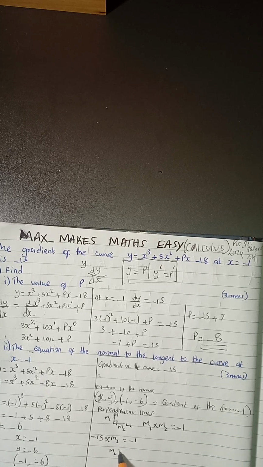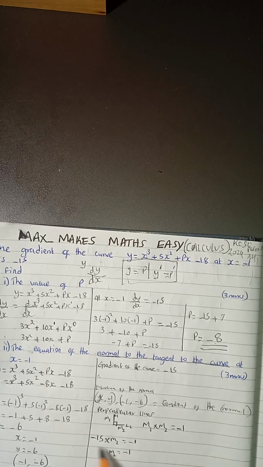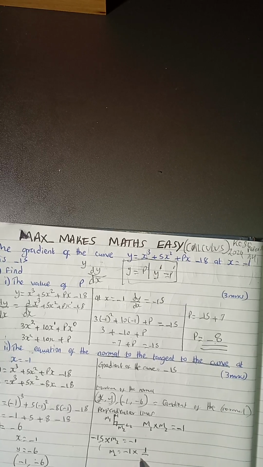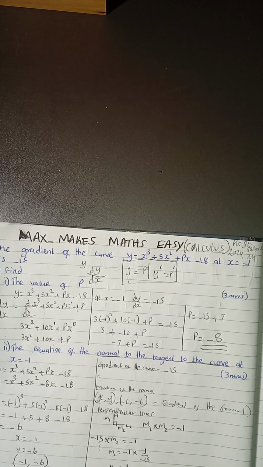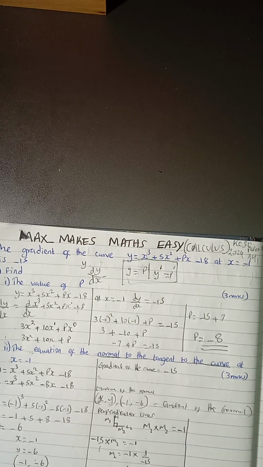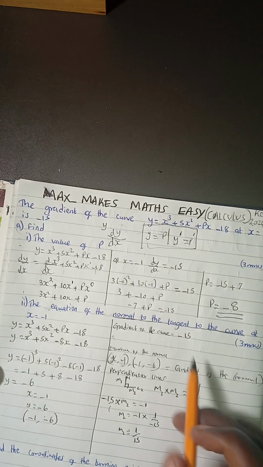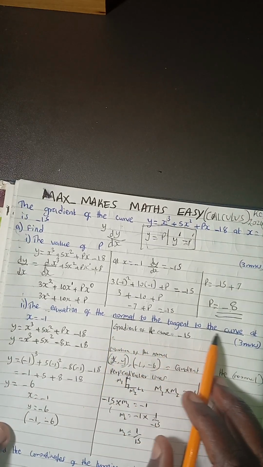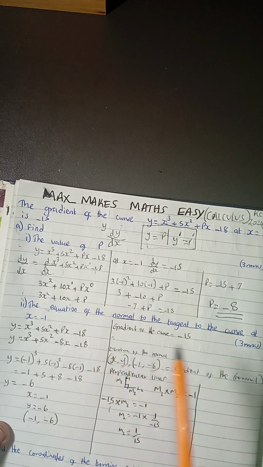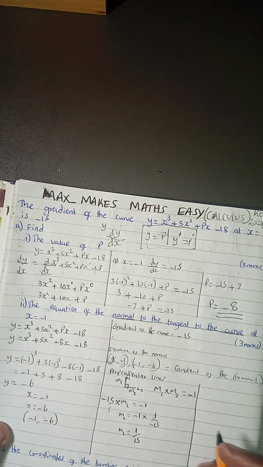So m2 is negative 1 times the reciprocal of this, which is 1 over negative 15, so m2 will be 1 over 15. That is sufficient information to find the equation of the normal to the tangent to the curve at x equals negative 1.